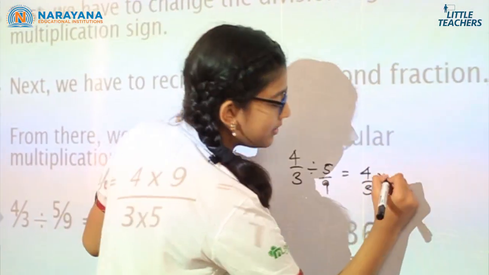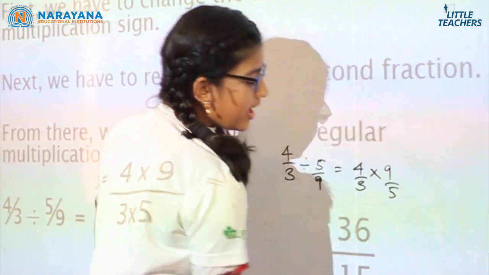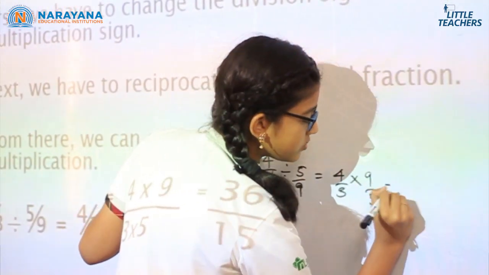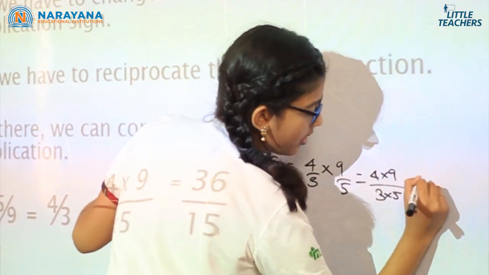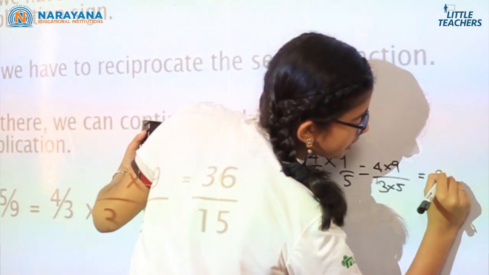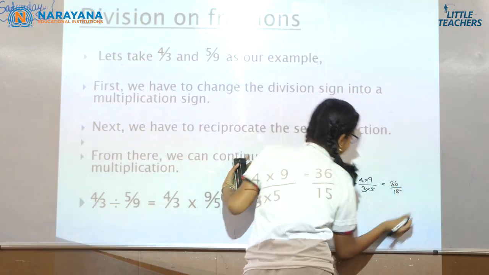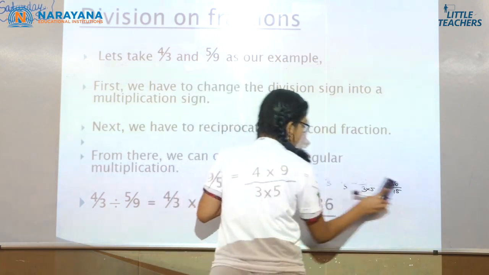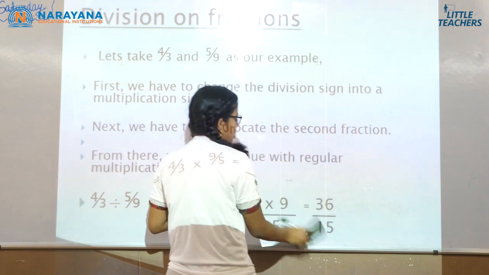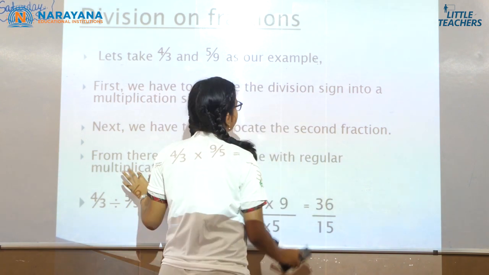So 5 by 9 will become 9 by 5. Now we will continue as normal, which will mean 4 into 9 by 3 into 5, and this will be equal to 36 by 15. Now you can cancel this if you want, but for this we will not. If you want, it can also be written as 12 by 5.